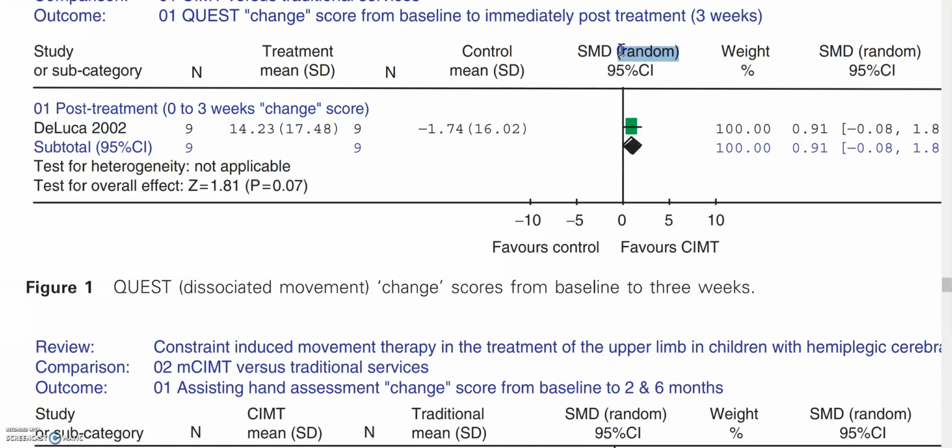Now let me talk a little bit about what this random means. Okay, we have different models that we utilize to test for effect size. Effect size, we've talked about this previously, is important because when we're looking at generalization, we want to know what's the overall effect of utilizing this intervention and how much effect does it really have.